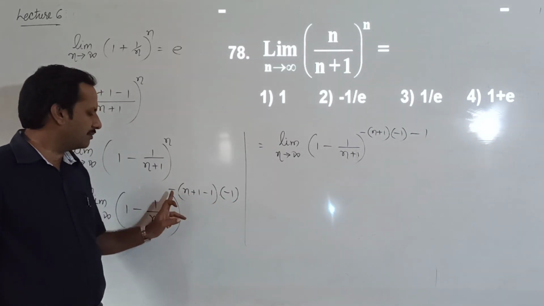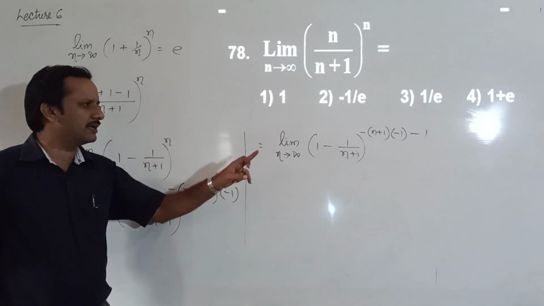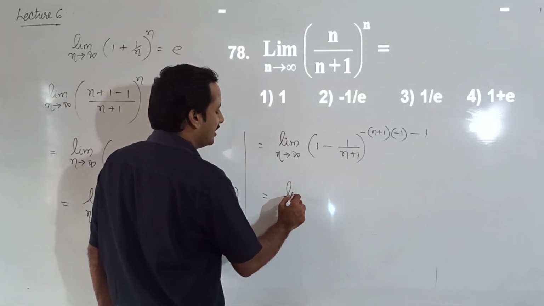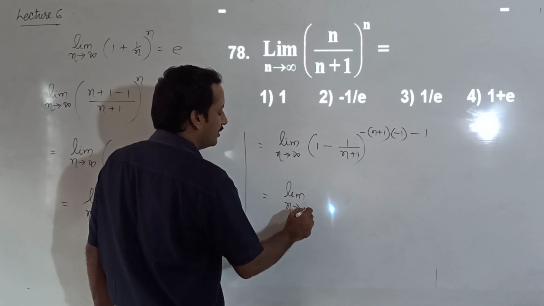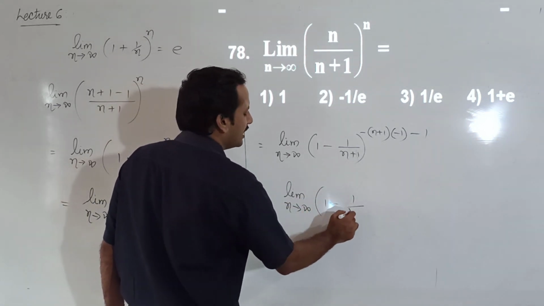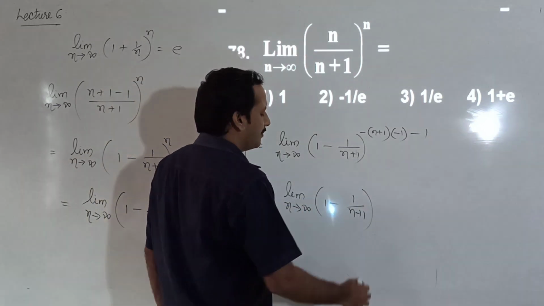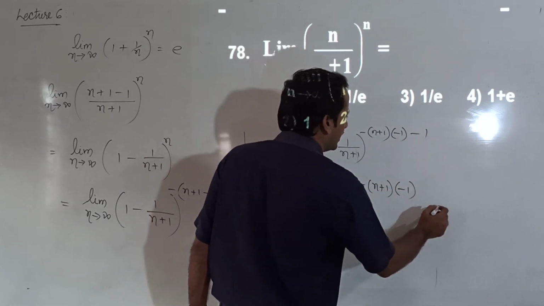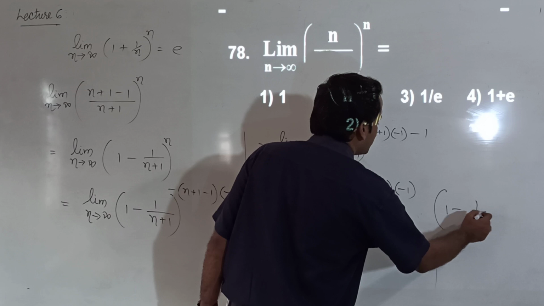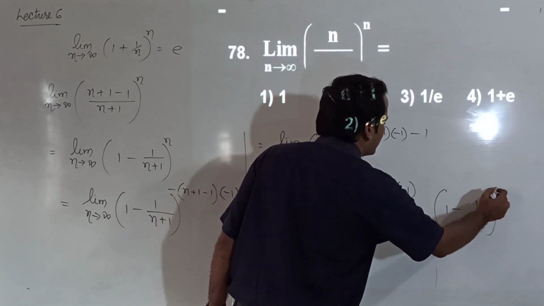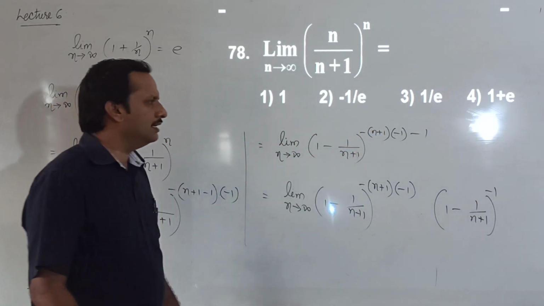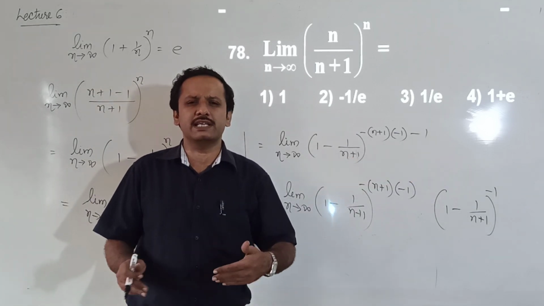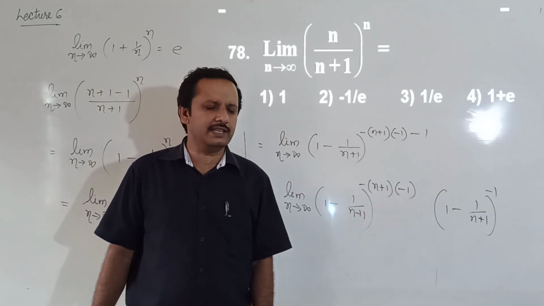Then this minus 1, minus of minus 1 is plus 1 into minus 1. We can write this as limit n tends to infinity, 1 minus 1 by n plus 1 to the power minus of n plus 1 into minus 1, into 1 minus 1 by n plus 1 to the power minus 1. Okay? Just like if you have x to the power m plus n, you can write it as x to the power m into x to the power n, in that way.